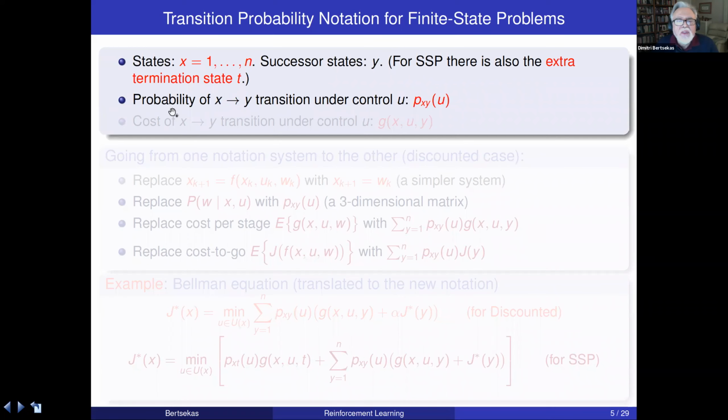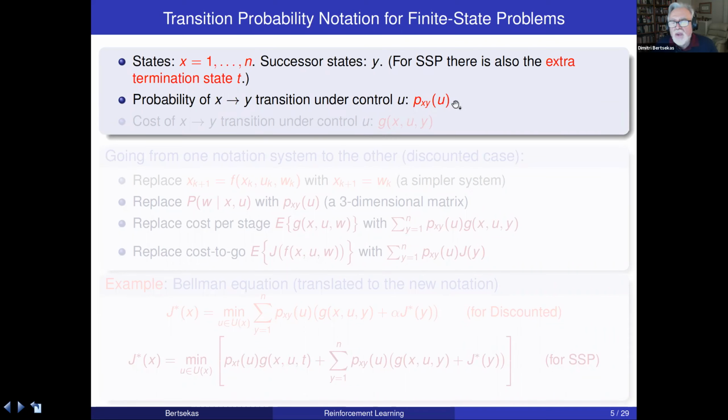And we are going to consider transition probabilities from x to y under control u. These are denoted like so. This is the probability when we are in x and we apply u, the probability that we're going to end up in y. So the summation over y here is equal to 1.